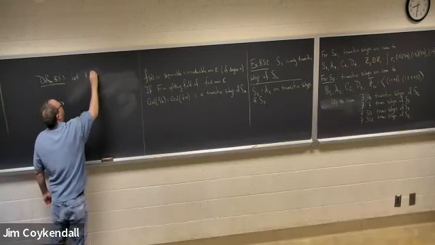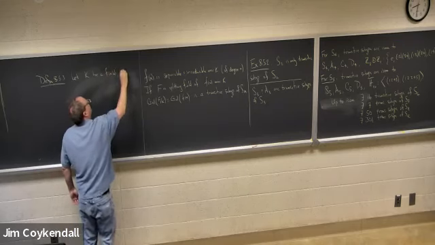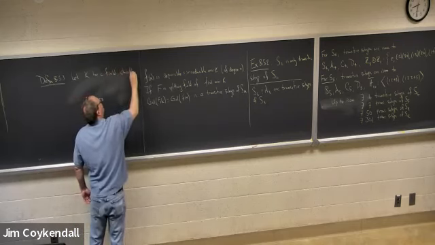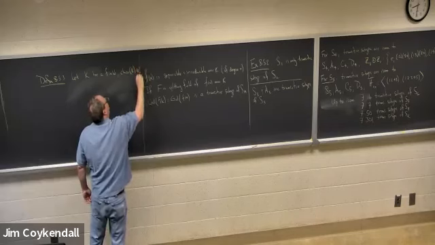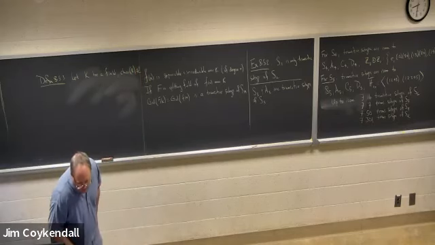Definition. Let K be a field, and suppose that the characteristic of K is not equal to 2. So it can be any characteristic except 2 here.